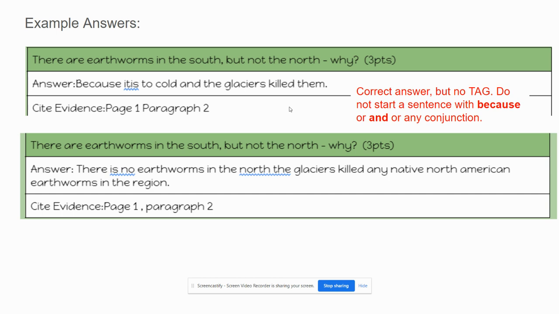The second answer here says there is no earthworms in the north. The glaciers killed any native North American earthworms in the region. So this person tried to tag. They started to turn the question around, but there's just some grammar errors.